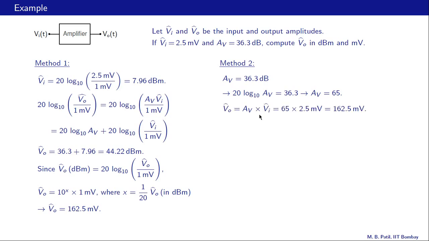And now we know Vi cap is 2.5 millivolts, we know Av is 65, therefore Vo cap is 162.5 millivolts. And once we have Vo cap in millivolts, we can find Vo cap in dBm using 20 log to the base 10 Vo cap divided by 1 millivolt, and that comes to 44.2 dBm.